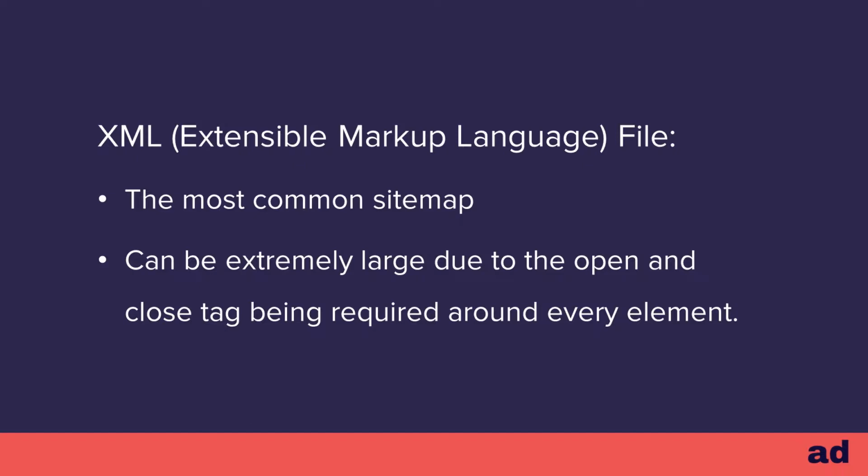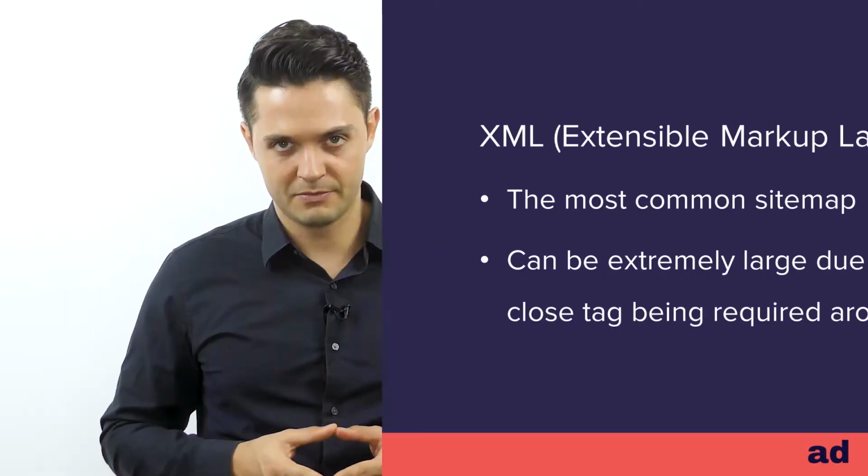The first is an XML file, or extensible markup language. This is the most common and probably our recommended form of sitemap for just this reason. Now beware that they might sometimes be extremely large files due to the requisite of an open and close tag around every element within them. So this could affect the performance of your site in terms of speed.